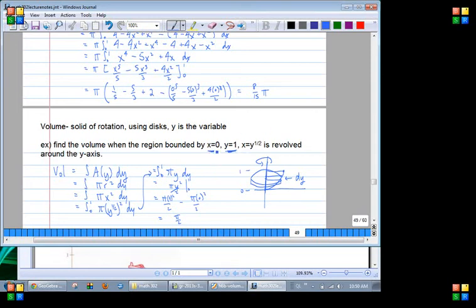Well, then it's just a question of when does x equals 0 intersect with our function. So when x equals 0, what's y? Y has to be 0. So this one gives you the upper bound, and then setting 0 equals the square root of y, that gives you y equals 0, and that's your other boundary.